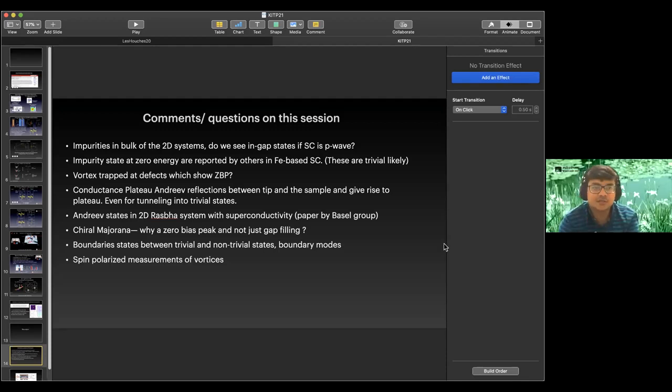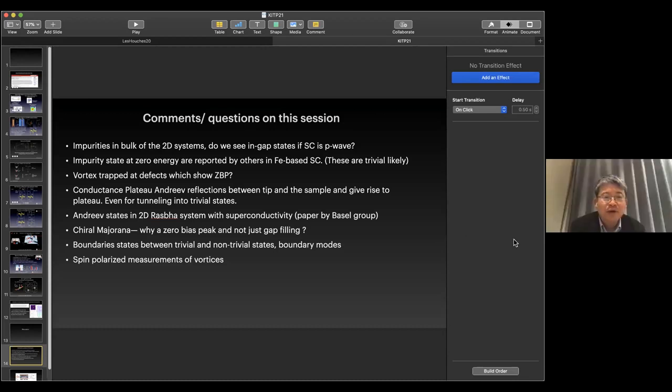But here we are talking about the 2D surface, but the system is still 3D, right? The FeSeTe system. Yes, but here what we see mostly comes from the 2D. Of course, for the full calculation you have to take the 3D, and people have done that.